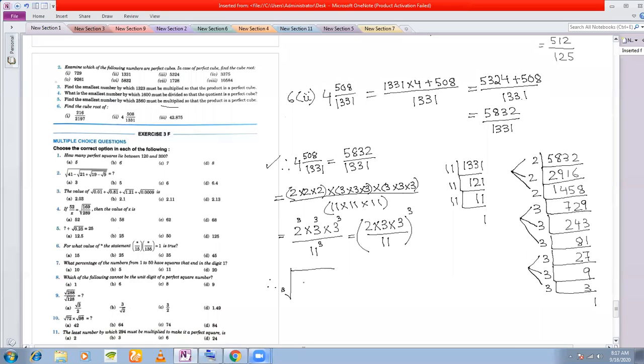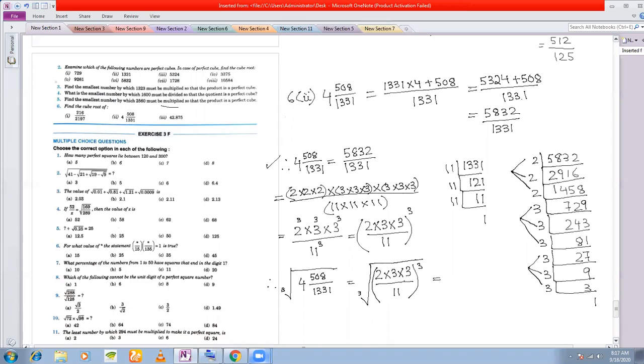Cube root of 4 508 by 1331 is the cube root of 2 into 3 into 3 divided by 11 whole cube.